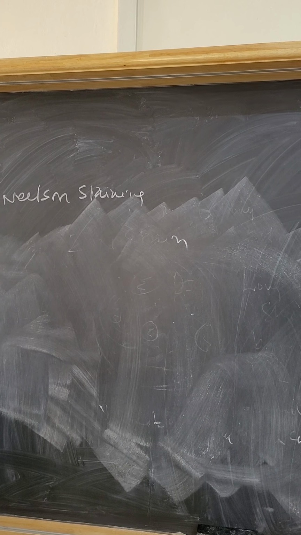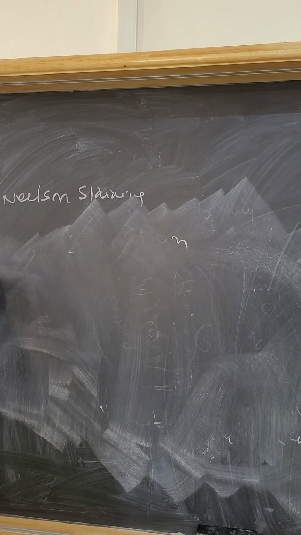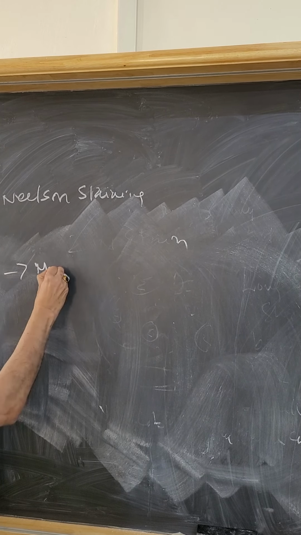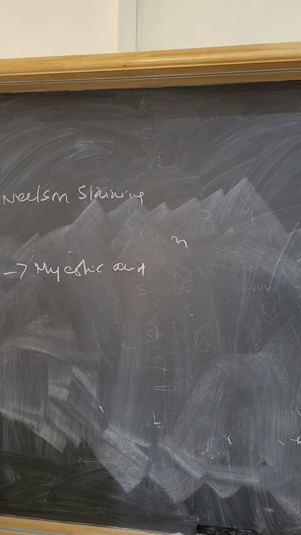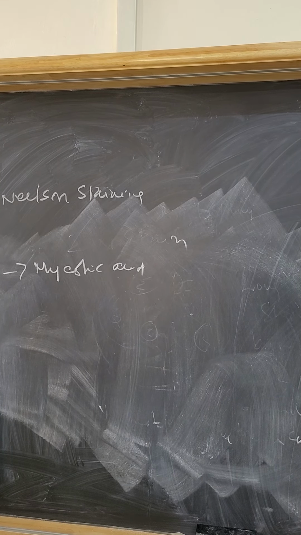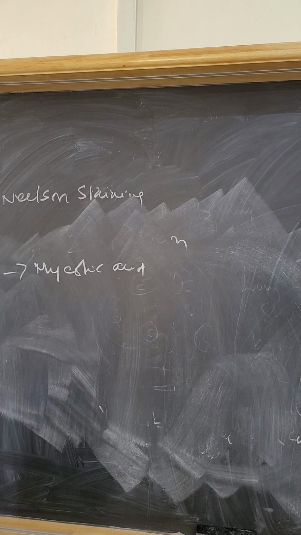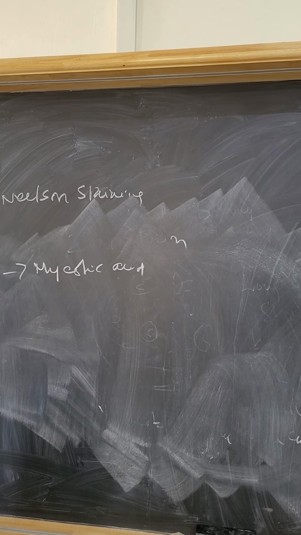Don't do anything. First question they will ask: why are they acid fast? Your answer should be: because they have a lipoidal layer in the cell wall which is made up of mycolic acid. Very good.